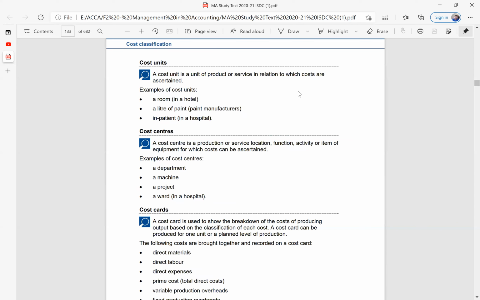They give their room on rent basically, and then they charge the person who is living in that room for a night or for a day, depending on different hotels. Some charge for the day, some charge for the night. But the product that they're offering is the room. So any cost that they would have to incur is on that room only. So that room becomes the cost unit.